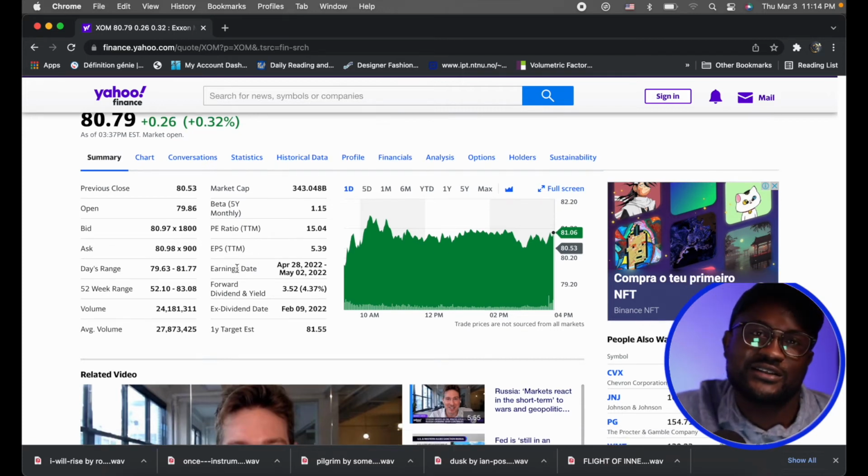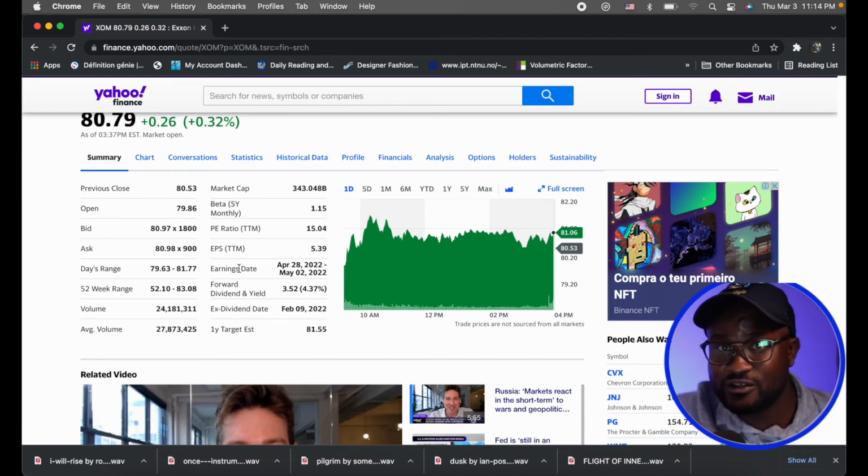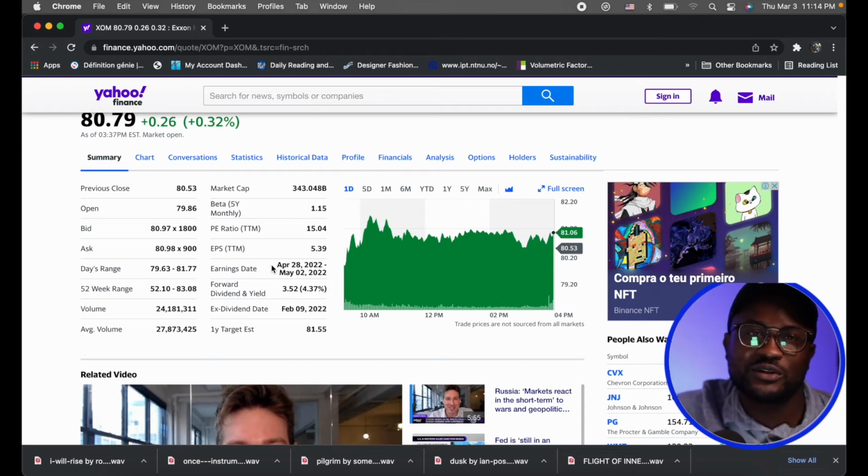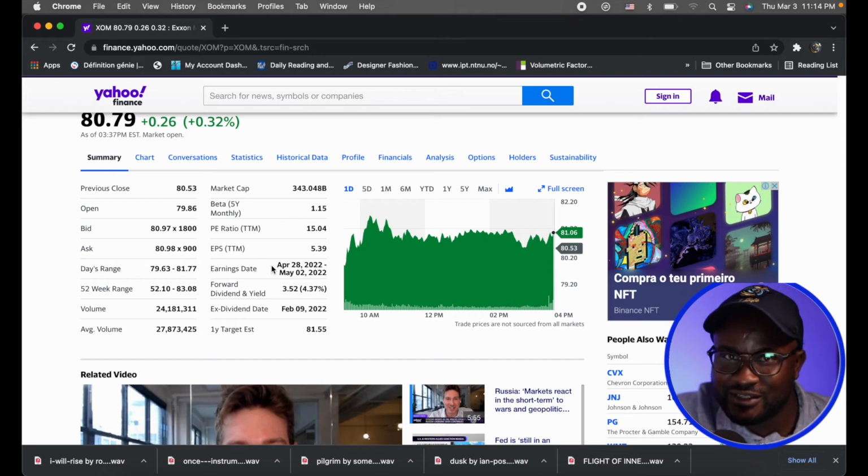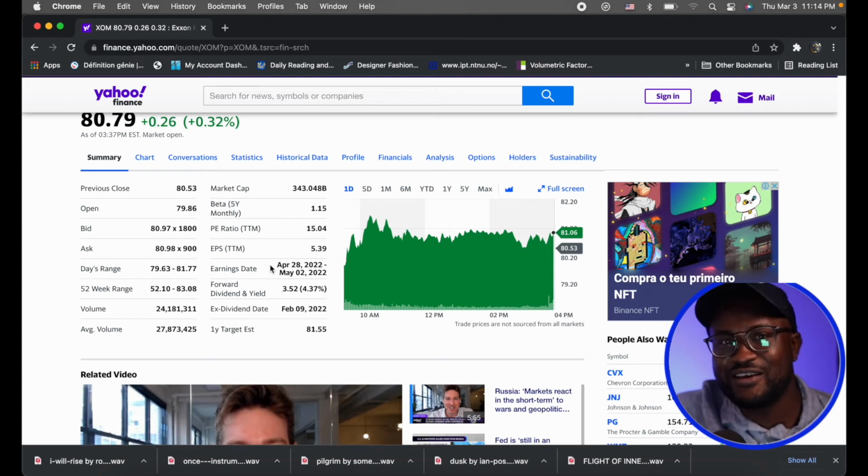The earnings date represents the date at which the company is going to report or has already reported its earnings. So be aware that whenever a company is going to report its earnings, that might affect the price of the company, right? If they report positive earnings beating the consensus, then usually that will mean the price is going to go up.